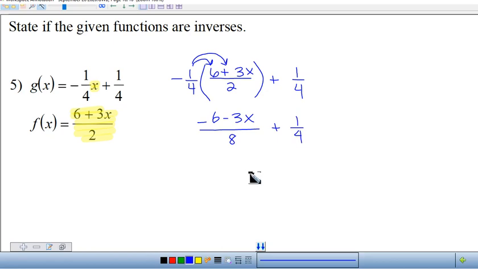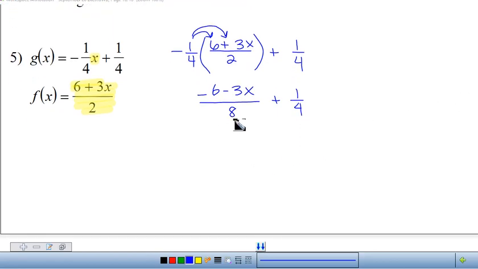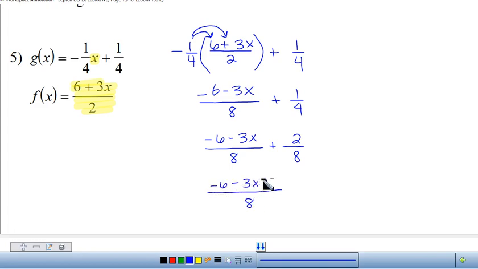To combine these two fractions together, I do need to get a common denominator. A common denominator for these would be 8, which means the first fraction will remain the same, and the second one will become 2 over 8. Now, I can write them as one large fraction, and I have -6 minus 3x plus 2.